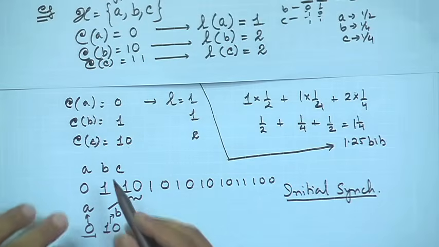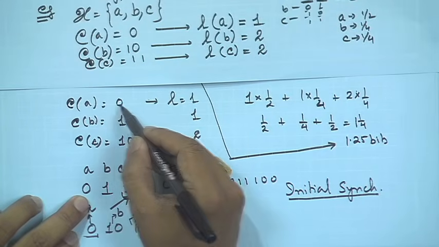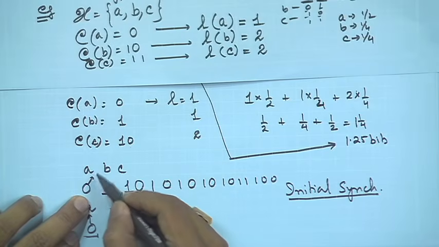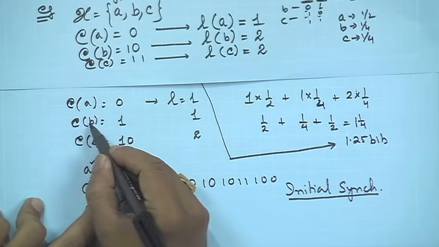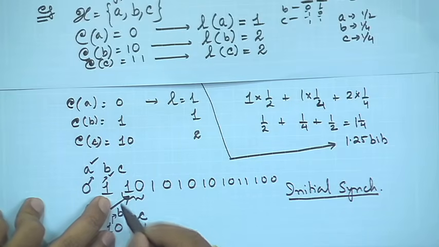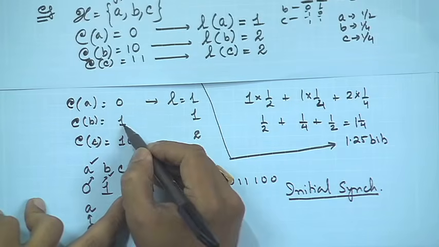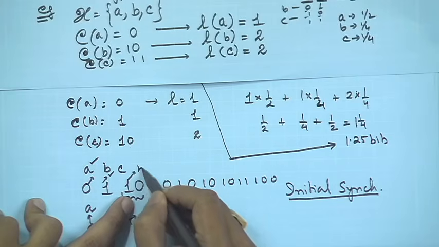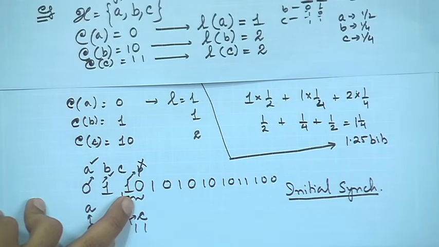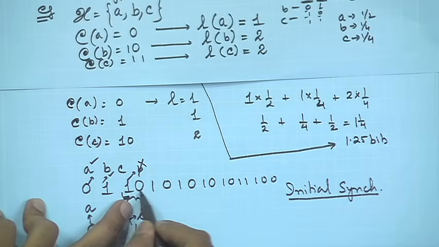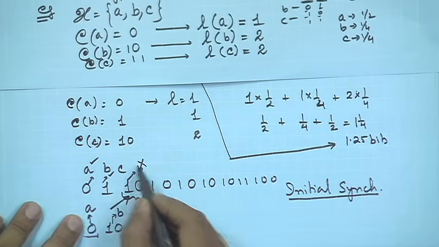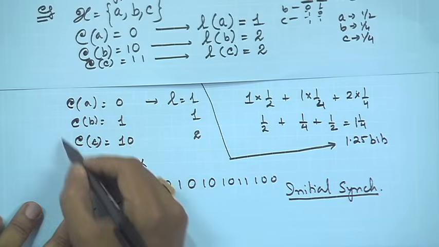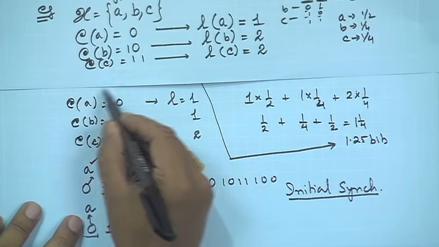Let us see. A 0, it goes to the code book, it reads it as A, no problem. Then it finds a 1, it reads it as B, no problem. Then it finds a 1, it reads it as B again. Now, this is wrong, because the transmitter has sent a 10 for C. So, this particular code word cannot be decoded immediately.